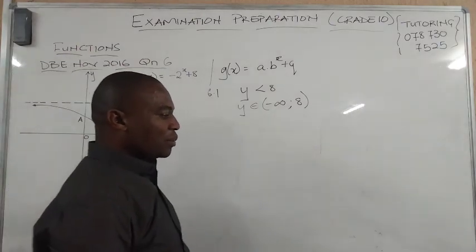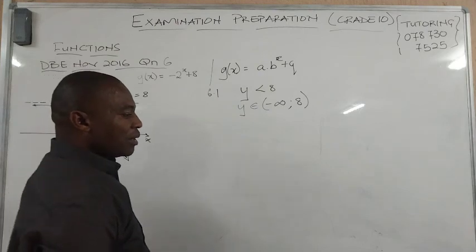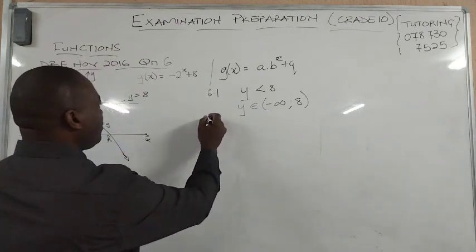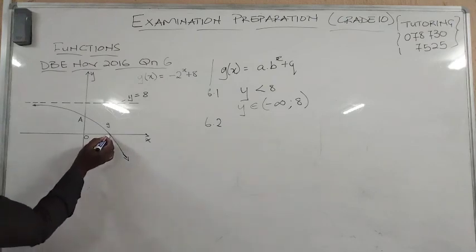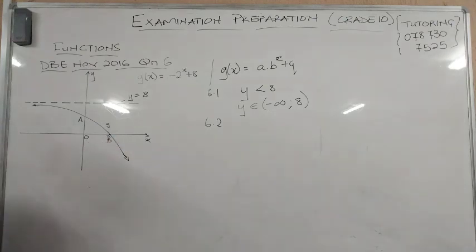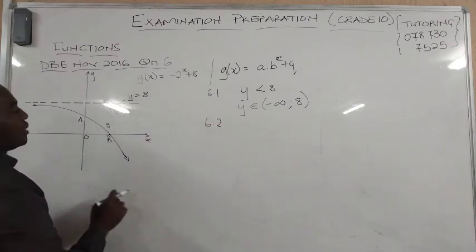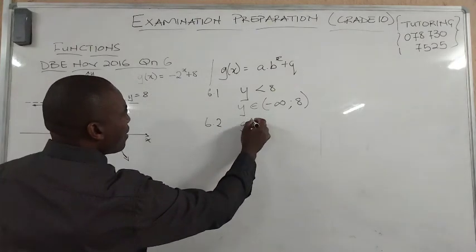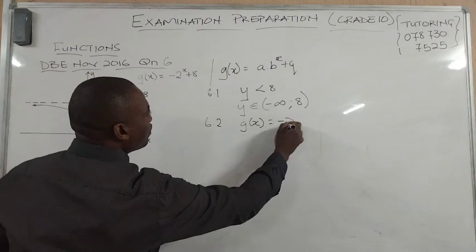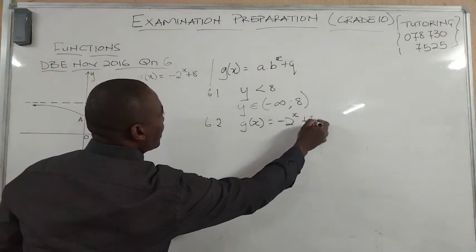Alright, 6.2, determine the coordinates of b. Now b is the x-intercept, and we all know that on the x-axis y is equal to 0. So we just take our function g of x is equal to negative 2 to the power x plus 8.